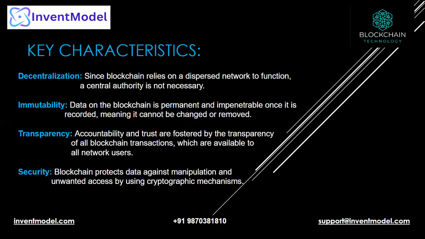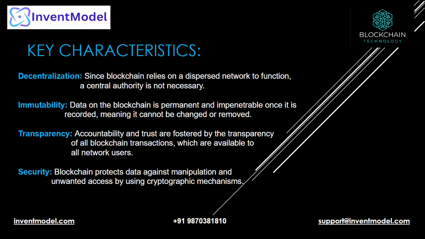We will talk about public and private keys in the next videos. This makes the data anonymous but verifiable. This transparency builds trust in the system as participants can verify transactions without needing to rely on intermediaries.